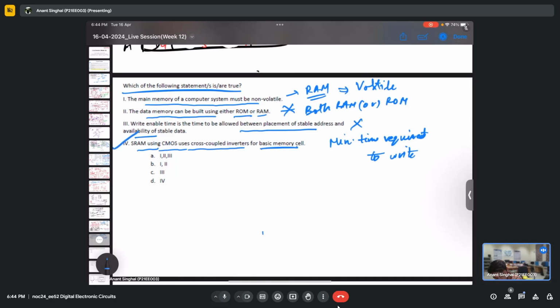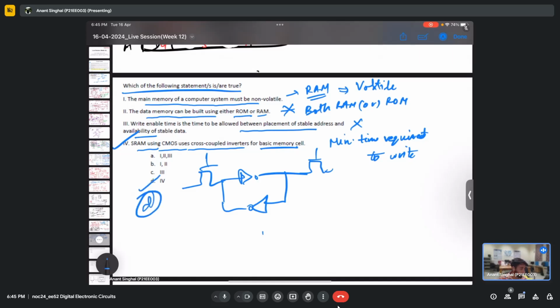Yes, this is the first question that we did, in which we made an SRAM using cross coupled inverters with extra transistors. This is how SRAM works. So option 4 is correct, which makes option D the correct answer. Is it clear? This was a straightforward question. So I hope it is clear.